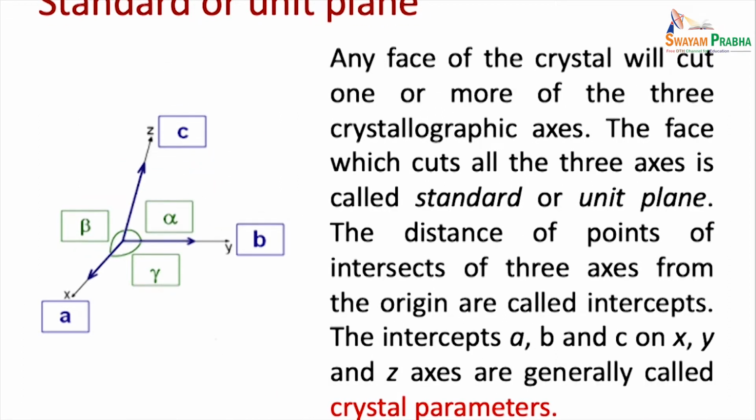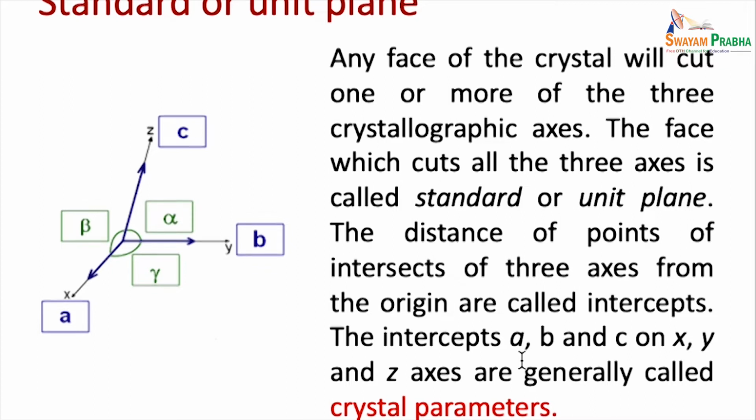Now let's talk about the standard or unit plane. Generally any face of the crystal will cut one or more of the 3 crystallographic axes. The face which will cut all the 3 axes is known as the standard plane or unit plane. The distances of the points of intersection on the 3 axes from the origin are called intercepts.